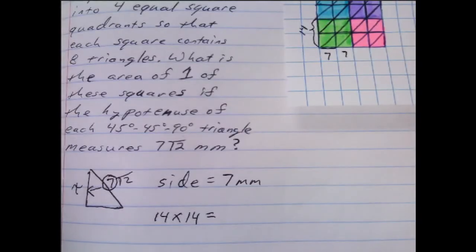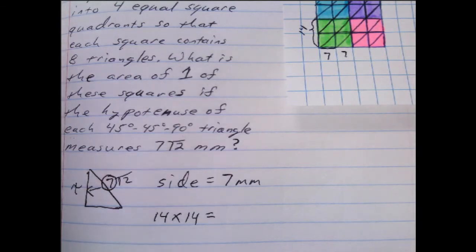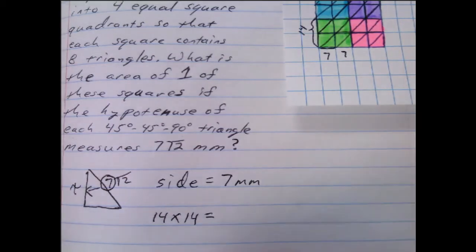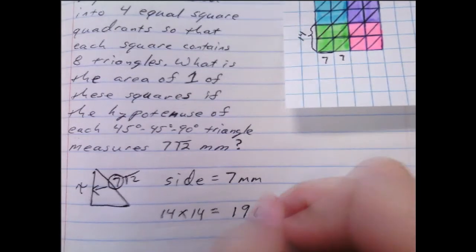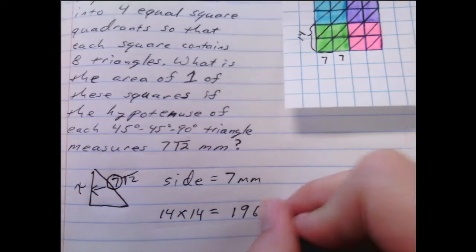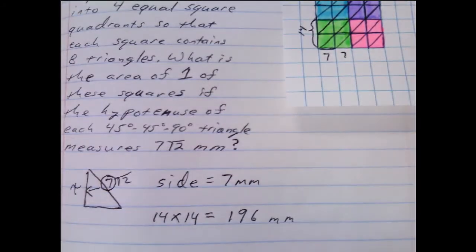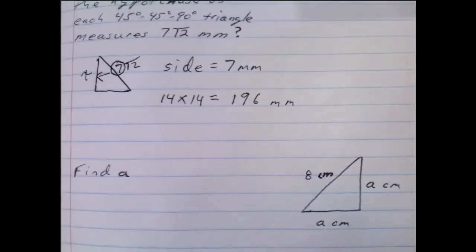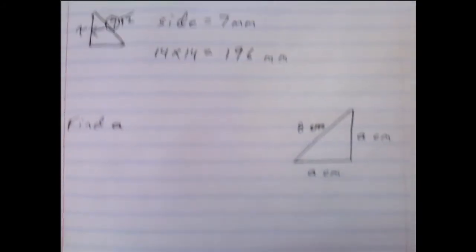And what do we get when we multiply those out? You get 196, and then our label is millimeters. You could have also used Pythagorean Theorem there, but it's definitely quicker with the Theorem 7.2.